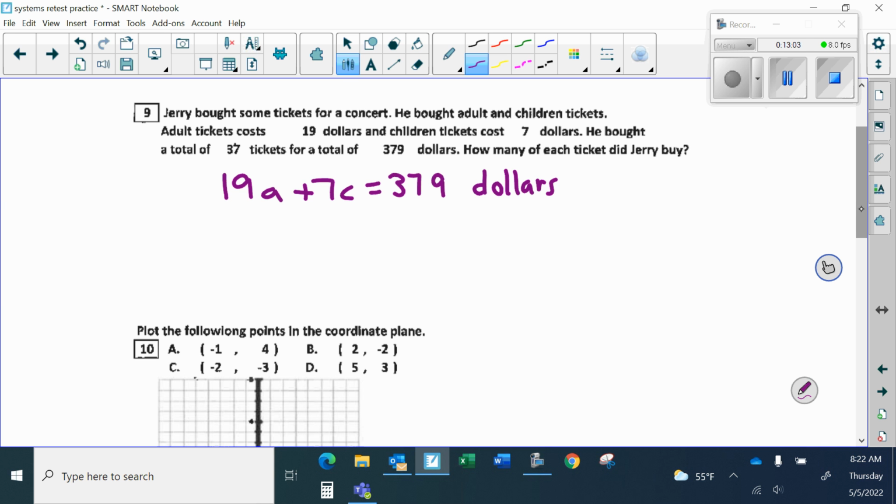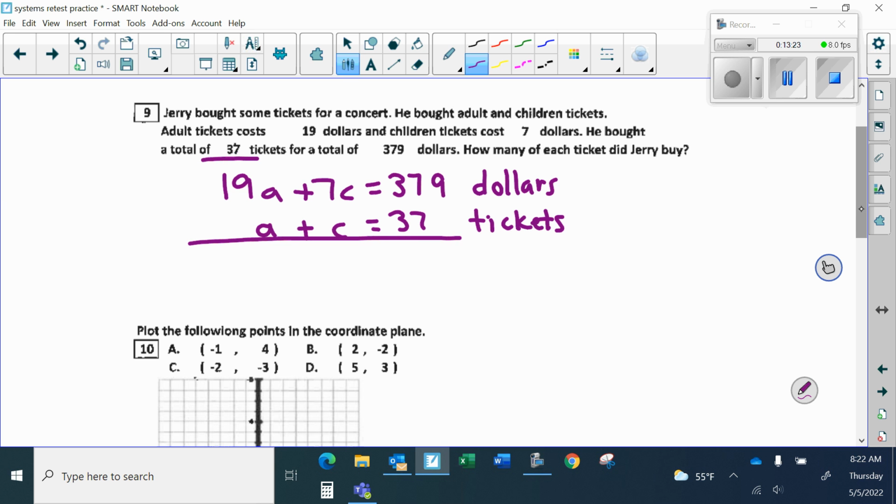That's easy to remember which goes with. And then total tickets: adult tickets plus children tickets equals 37 tickets. These are all tickets, so it's always going to be A plus C equals the total number of tickets.